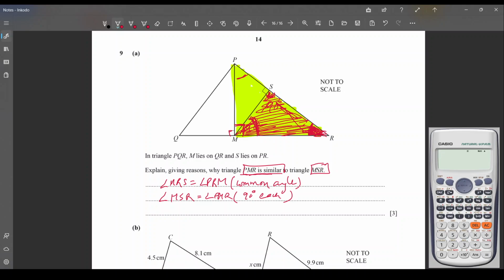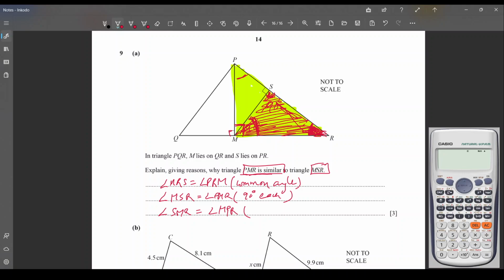So angle SMR will also be equal to angle MPR.